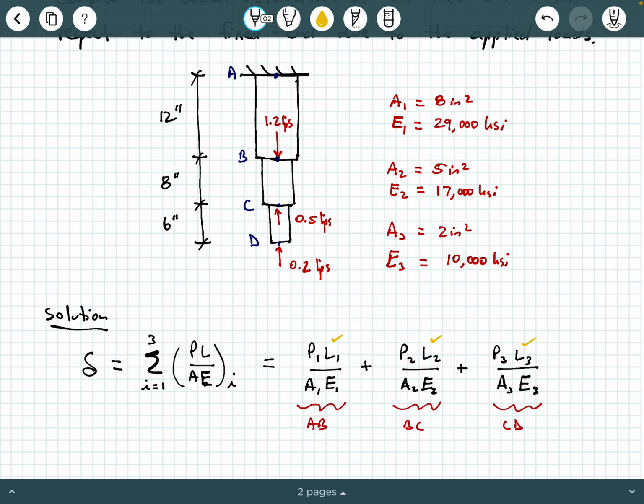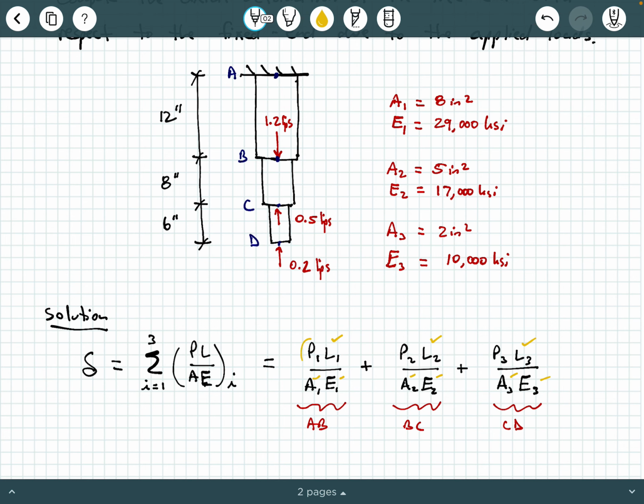Do I know each of these segments' cross-section areas and moduli of elasticity? Absolutely. All that was given in the problem statement. So I just need to make sure I substitute them in properly, but I know them all. I know A1, A2, and A3, and I know E1, E2, and E3. All of these were given. So the question is, what do we need to find out about P1, P2, and P3?